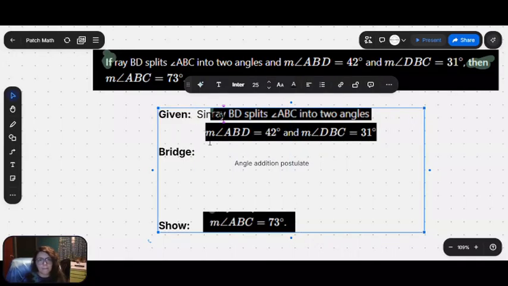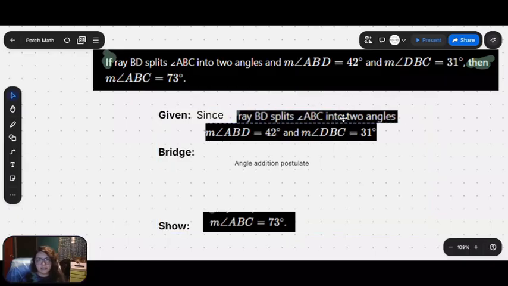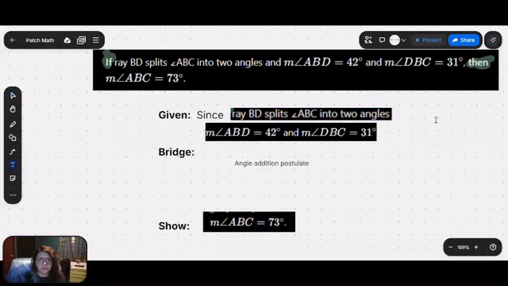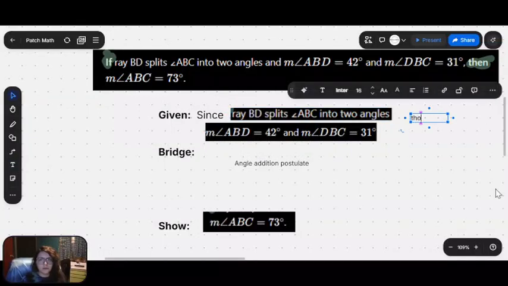So since ray BD splits our external angle into two angles, those angles are adjacent.